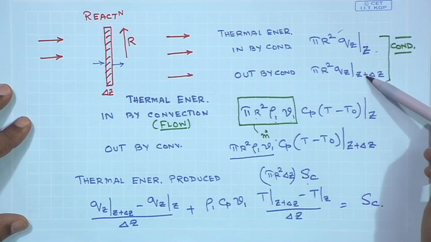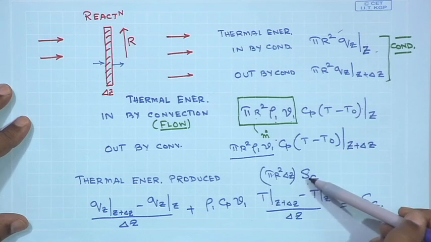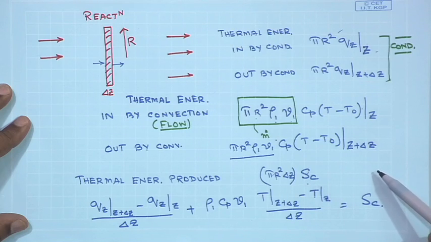So, in minus out plus generation at steady state would be equal to 0.